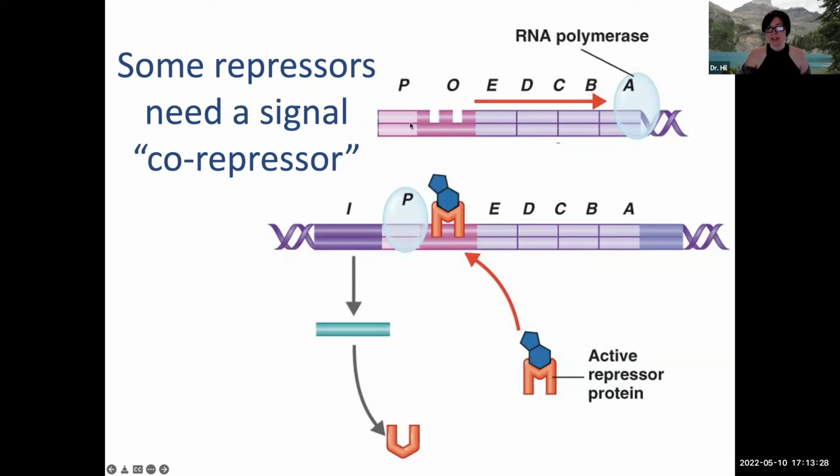And repressible genes are regulated like that. Their default state is to be being transcribed. Some environmental signal can come along, bind the repressor, make it function, and that will stop transcription. But it's an environmental signal, not the default situation. And this environmental signal, whatever it is, is the co-repressor.